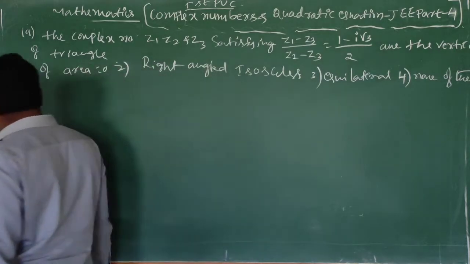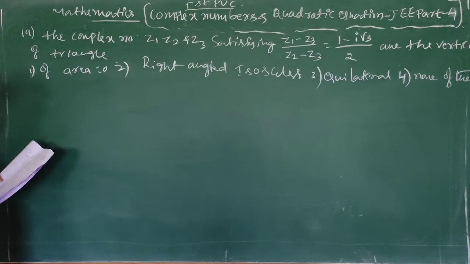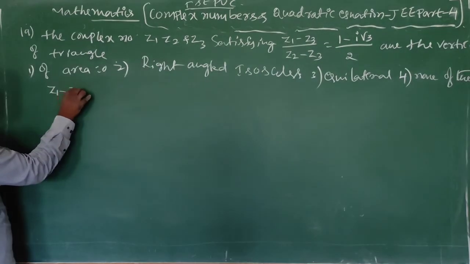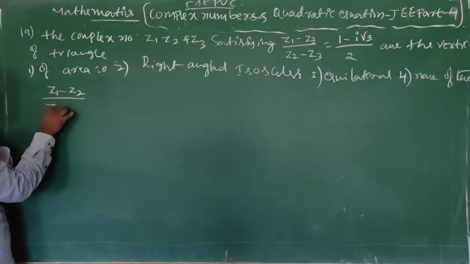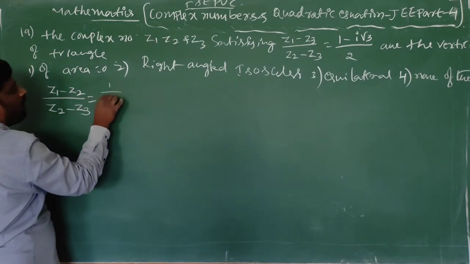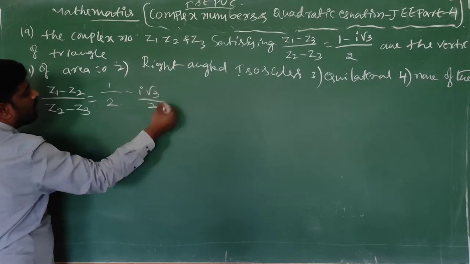Dear children, the complex numbers z1, z2, z3 satisfy (z1 minus z3) divided by (z2 minus z3) is equal to 1 by 2 minus i root 3 by 2.